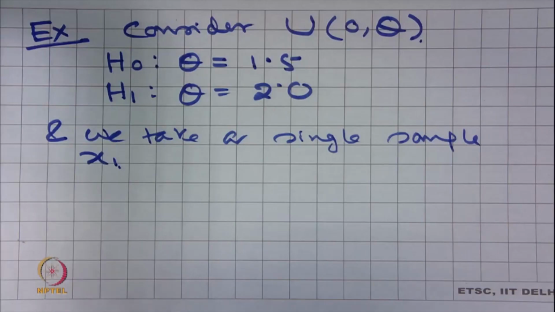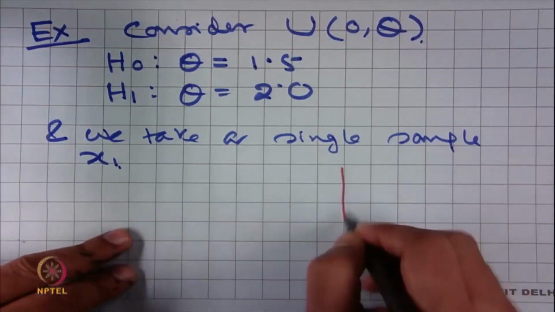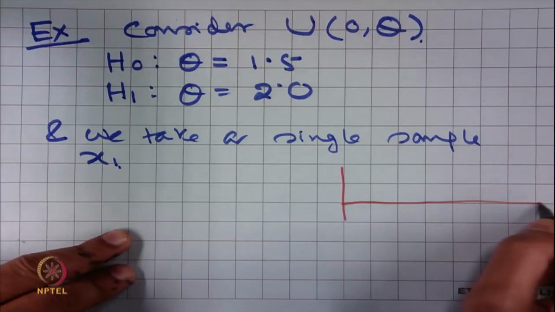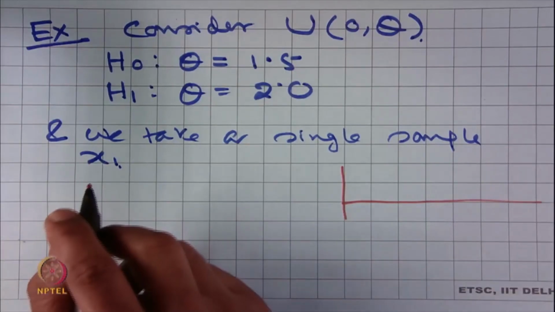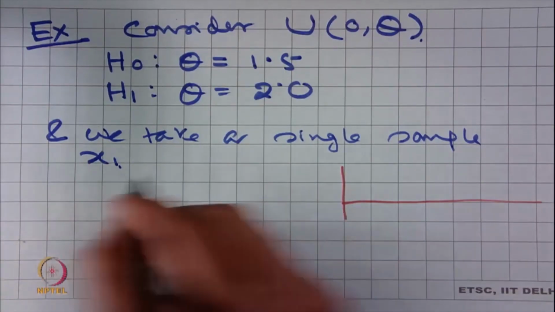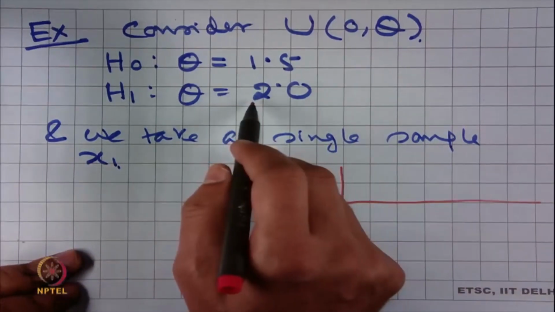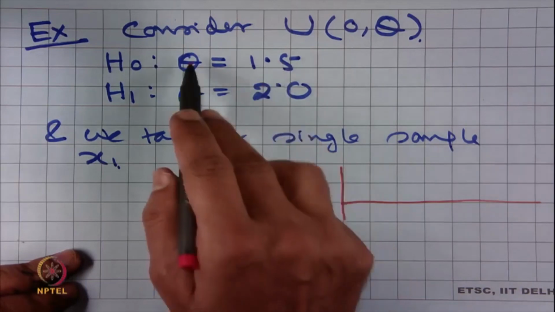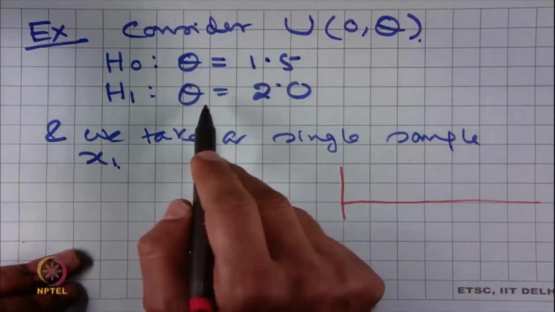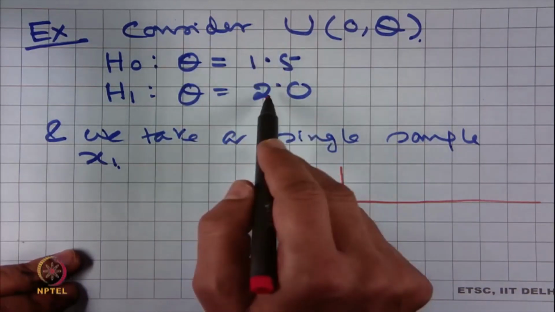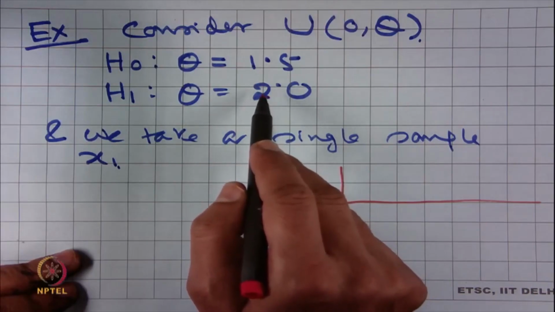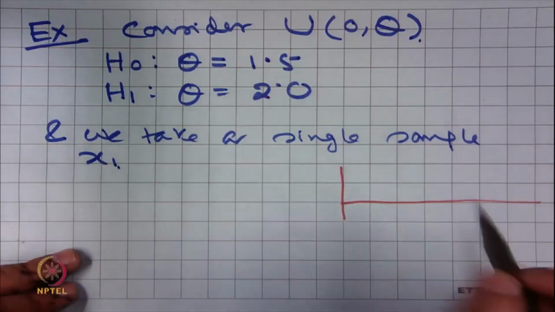So, what is the situation? We take a value from uniform 0 theta. Our aim is whether to accept that theta is equal to 1.5 or we reject it in favor of theta is equal to 2.0.